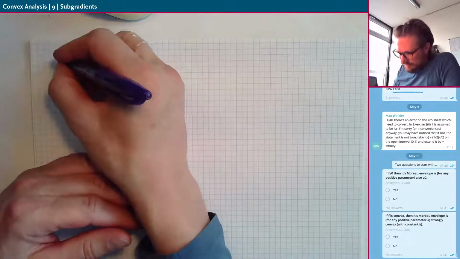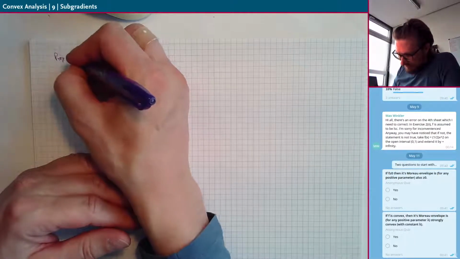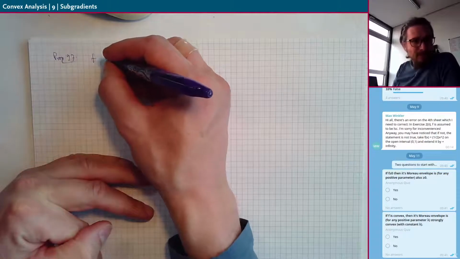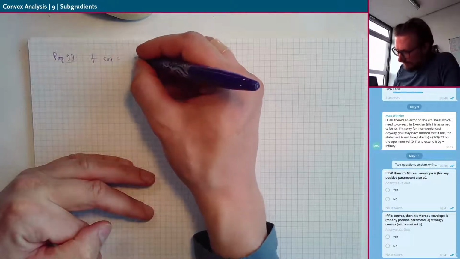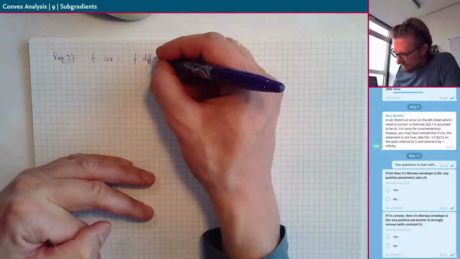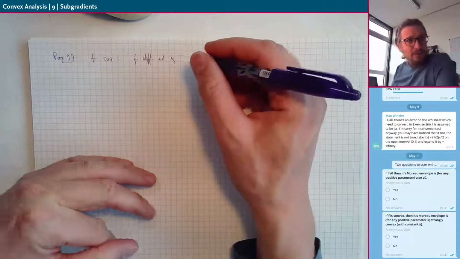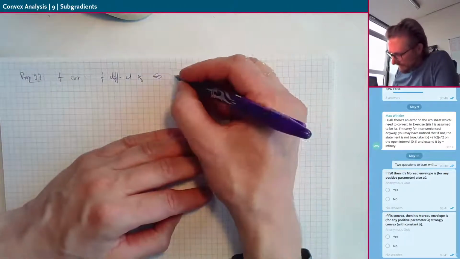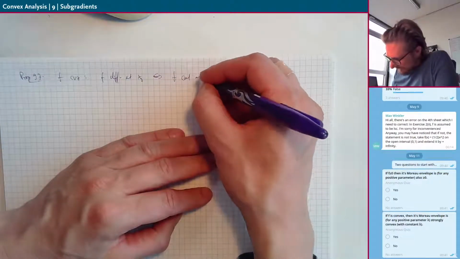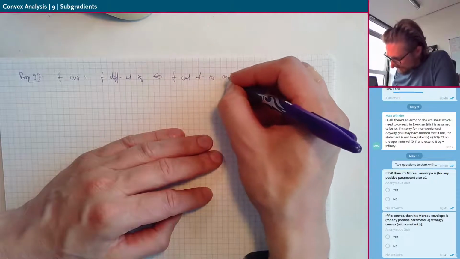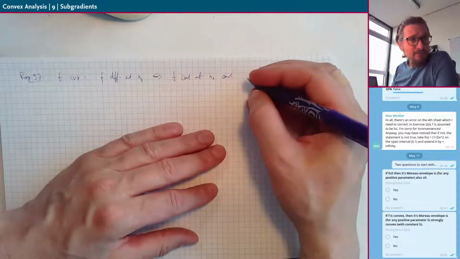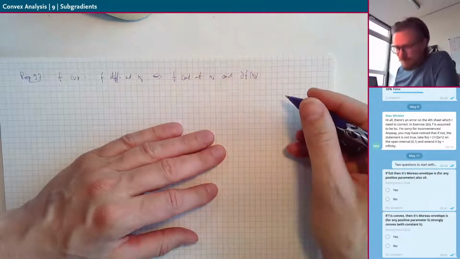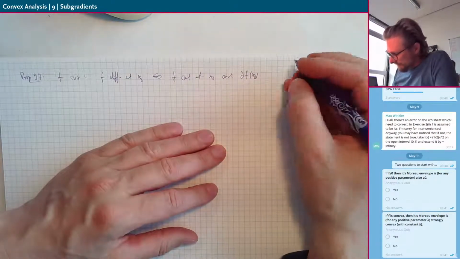and this is our proposition 9.7, and this says: if f is convex, then f is differentiable at x0 if and only if f is continuous at x0 and the subdifferential only has one element.